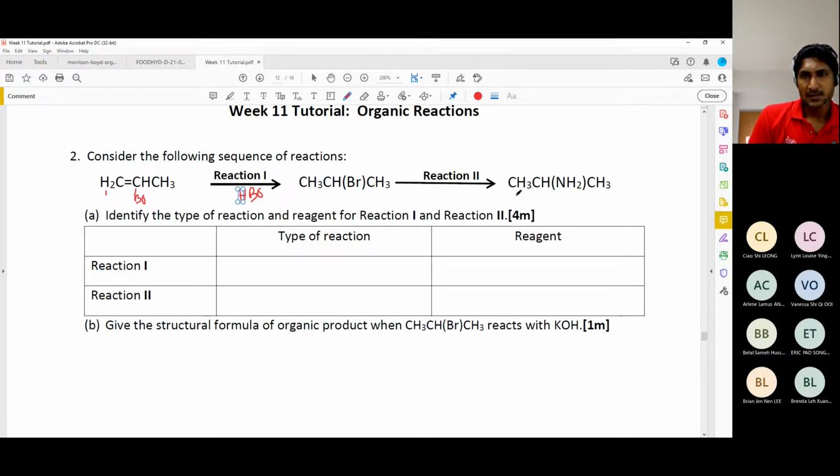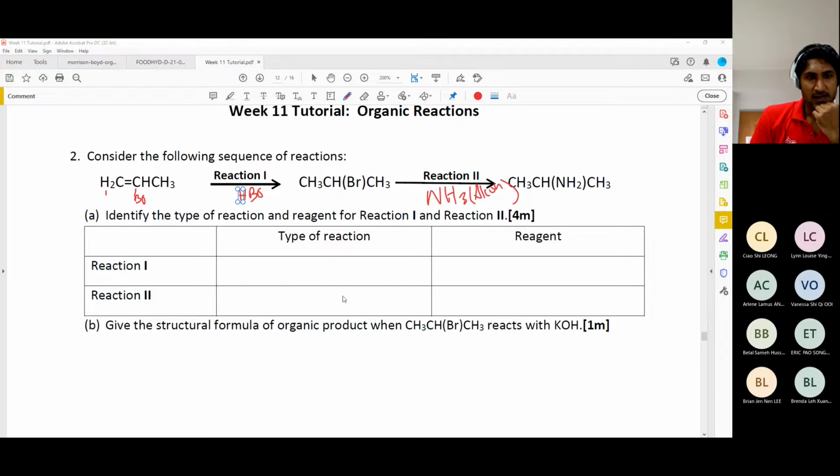And from there it is 2-aminopropane. So ammonia should be added in alcohol. Ammonia is dissolved in alcohol and then it is added there.